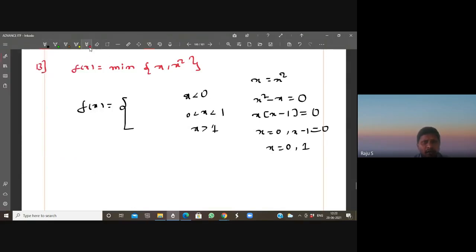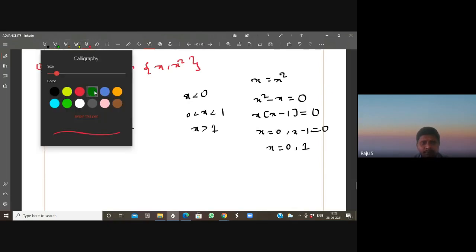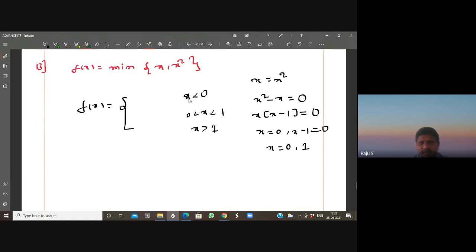Students, now you tell me, when I give lesser than 0, in between these two, x or x square, which is having the minimum value? Lesser than 0 means substitute minus 1 in place of x and in place of x square.